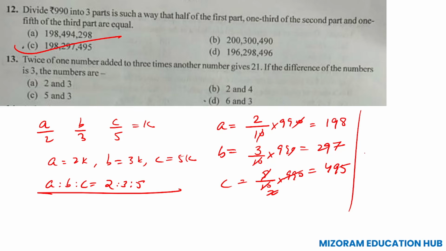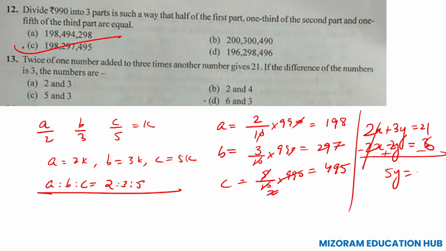Question number 13. Twice of one number is added to thrice of another number and gives 21, and the difference of the two numbers is 3. What are the numbers? Multiply the second equation by 3 so the variable cancels, and 5y will become 15, y is 3.